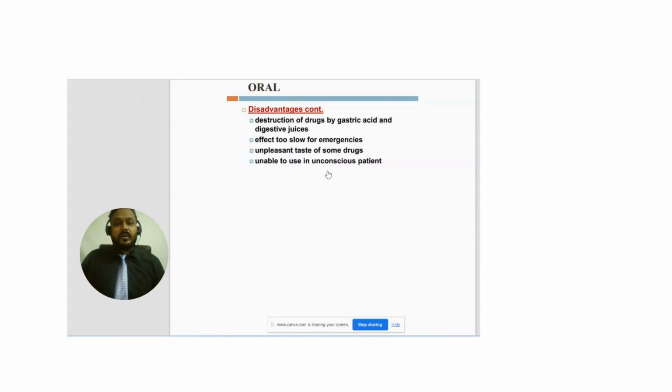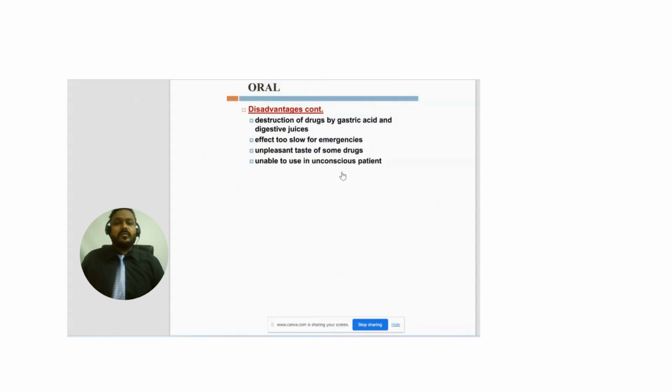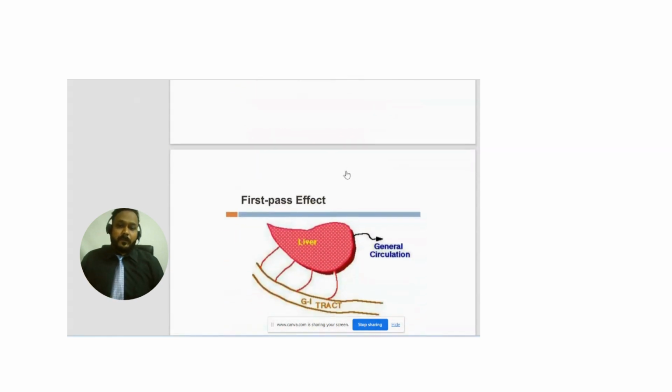The amount or the fraction of drug which is available to the body for giving action is called bioavailability, and we can see 100% bioavailability in case of parenteral formulations, in which the drug directly goes to the systemic circulation to avoid the first pass metabolism. And drugs which are unpleasant in taste can cause vomiting, and we cannot give oral drugs to unconscious patients.